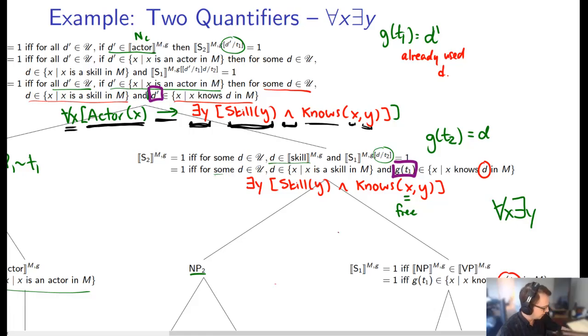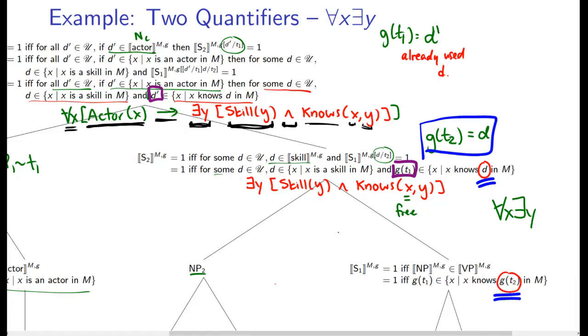As we can see here, because we did the exists a y first in this case, so this is some skill, we did this first substitution where g of t2 is equal to d. The first thing that we saw in our tree was that instead of x knows g of t2, we replace that with x knows d first.